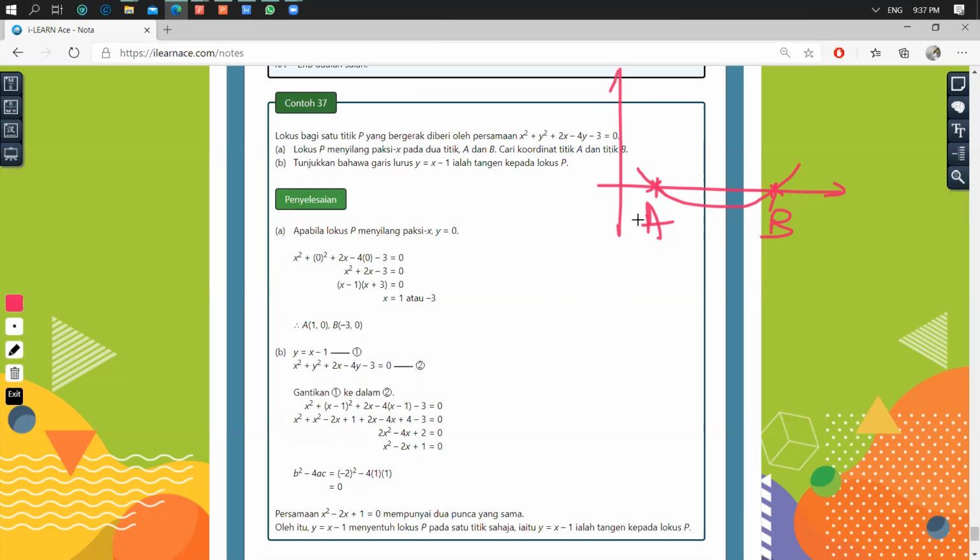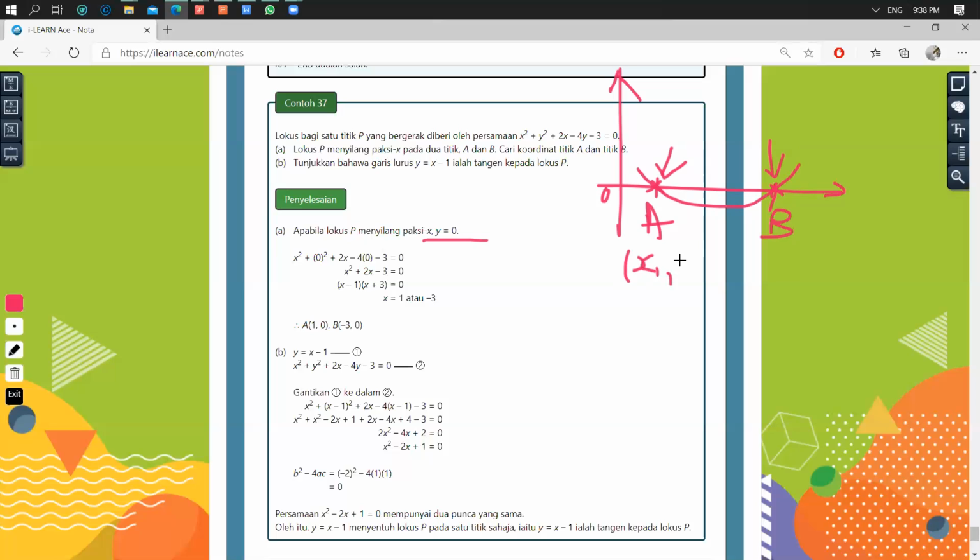Whenever we draw it like this one, the y value is 0. Okay, so whenever they intersect the x-axis, let y be 0. So when the locus intersects the x-axis, y equals 0, then put y equals 0 into the equation, we'll be able to find the x coordinate for these 2 points. So we know the y is 0, then what is the x?